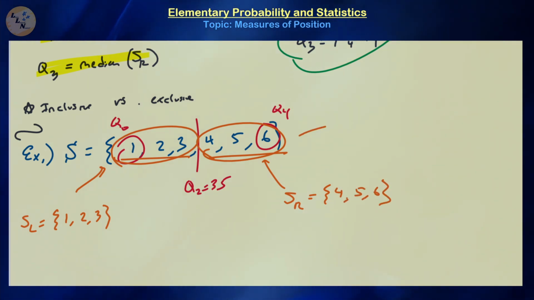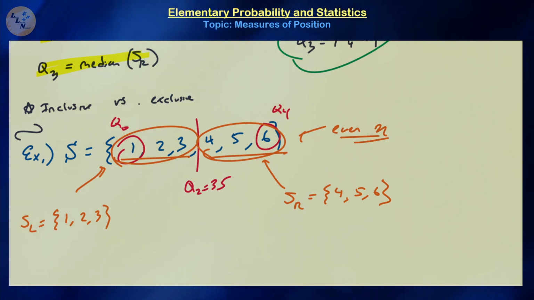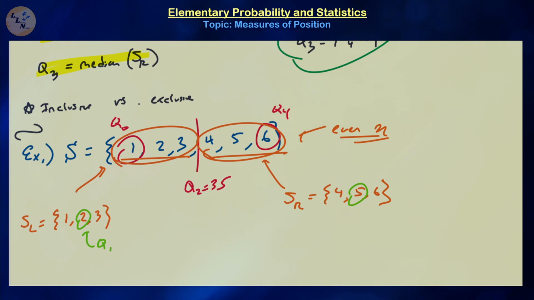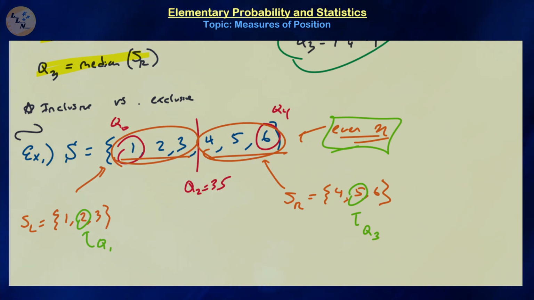Notice that this approach is very easy if the cardinality of the set is even, because the median can always chop the set in half. So this right here is the median of SL, so this is going to be Q1, and this is the median of SR, this is going to be Q3. So when the cardinality of a set is even, the median-based center and inner quartiles are very easy to calculate.